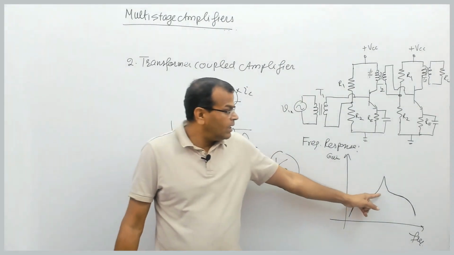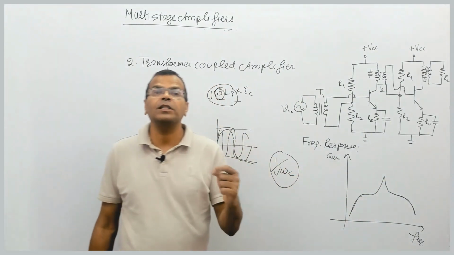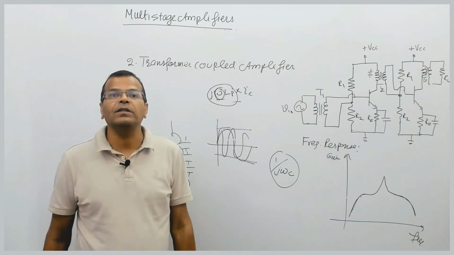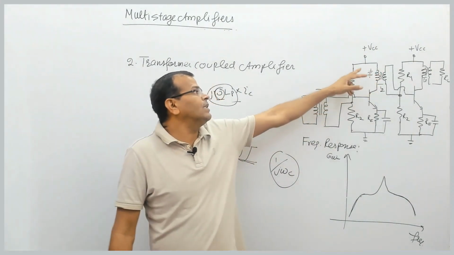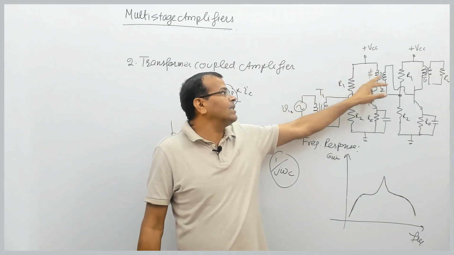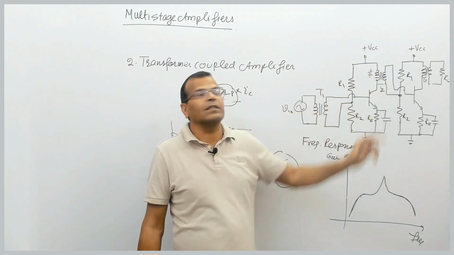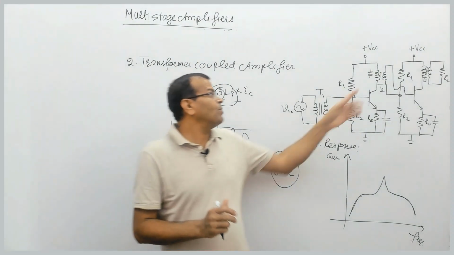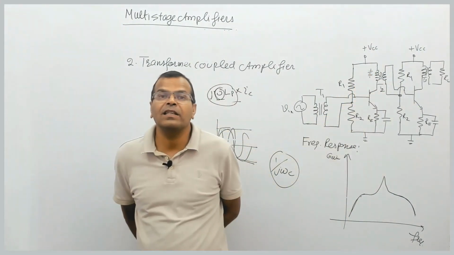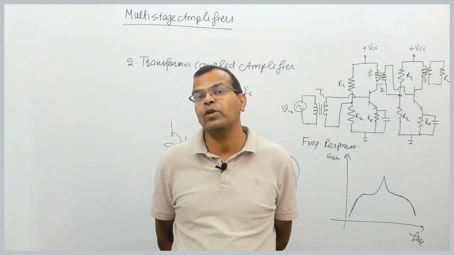But what is this sudden spike? What happens? At certain frequencies, these interturn capacitance and this inductance form an LC circuit, and an LC circuit forms what? Resonance.